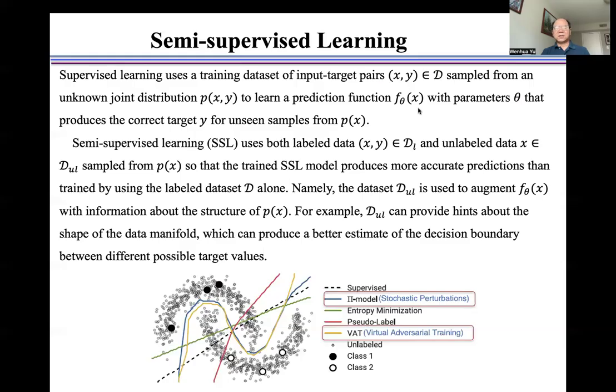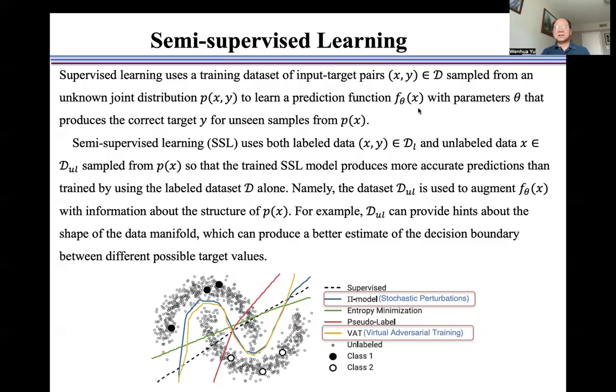Semi-supervised learning uses both labeled data x, y, and unlabeled data x sampled from p(x) so that the trained SSL model produces more accurate predictions than one trained by using the labeled dataset D_L alone.